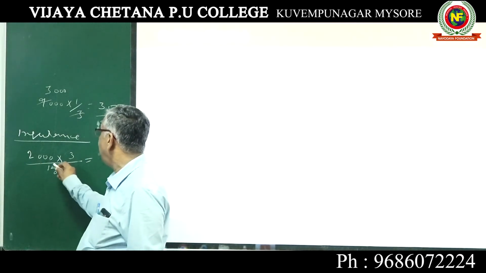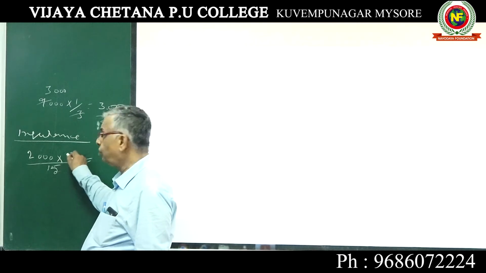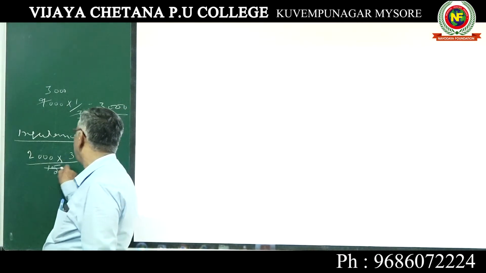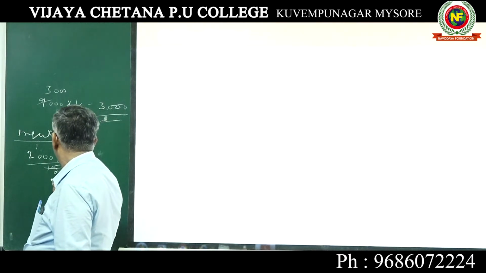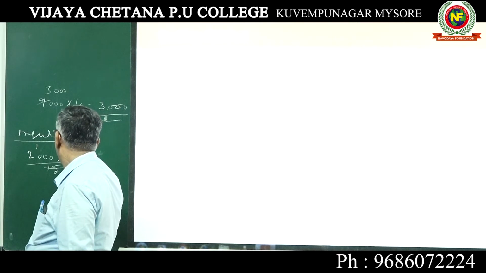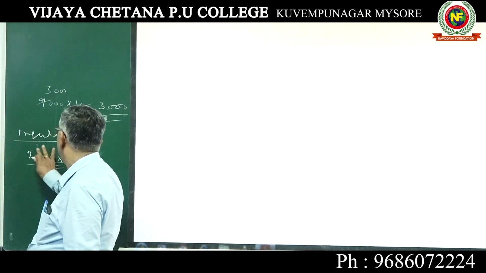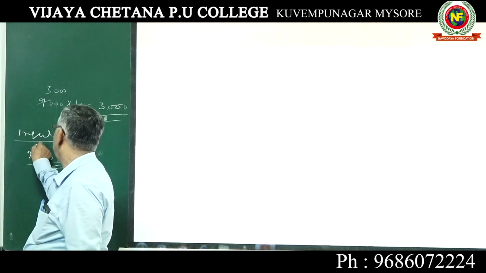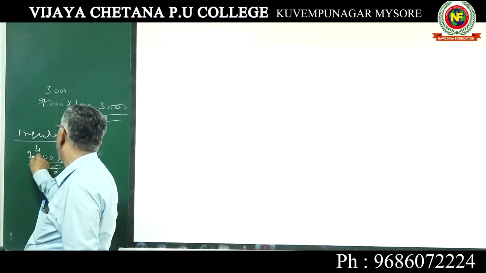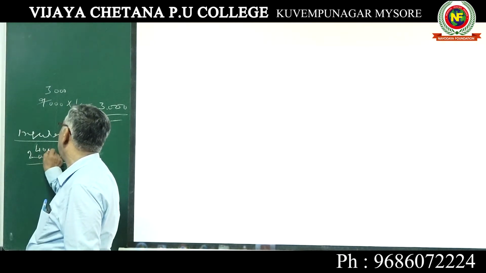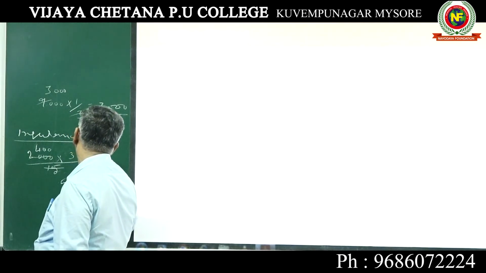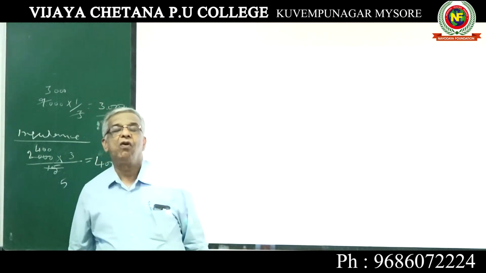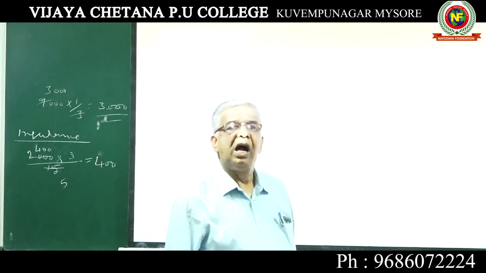So 2000 into 3 by 15. 3 5s are 15, 5 4s are 20. That comes to how much, students? 400. So for 3 months 400 rupees they are paid in advance.